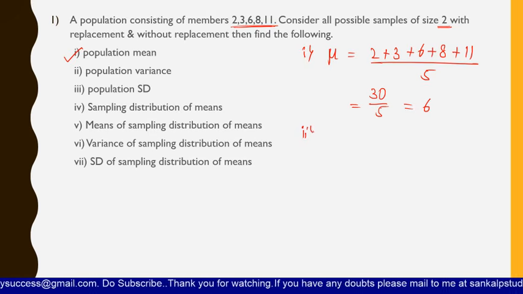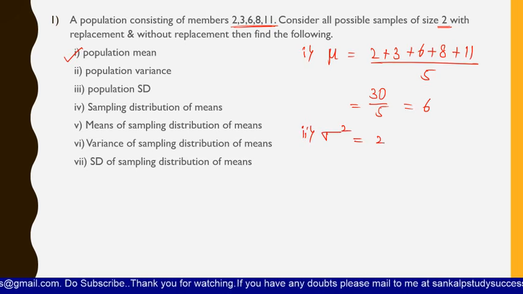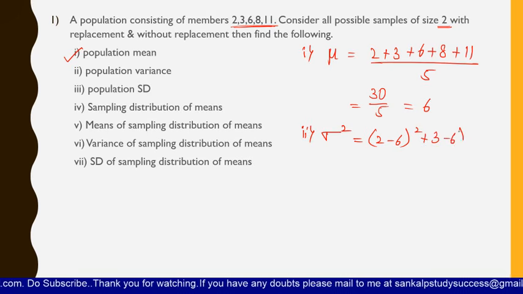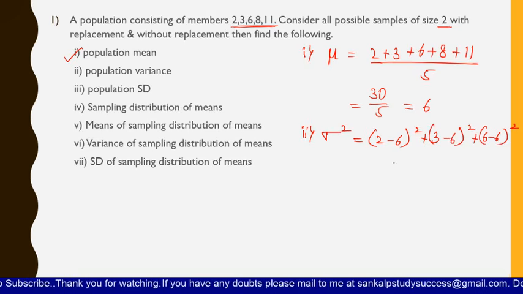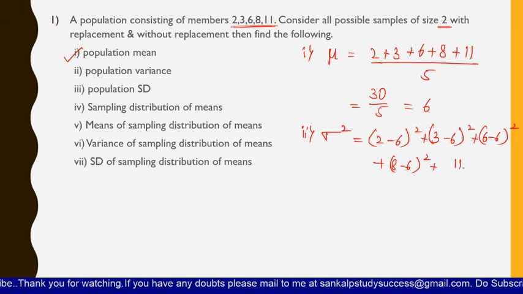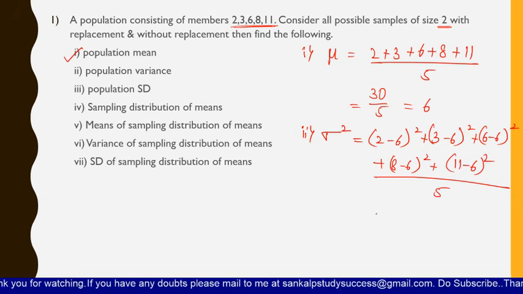Now the second one is population variance, that is sigma square, that is 2 minus 6 whole square plus 3 minus 6 whole square plus 6 minus 6 whole square plus 8 minus 6 whole square plus 11 minus 6 whole square, divided by 5. If you solve this, you will get the value as 10.8.